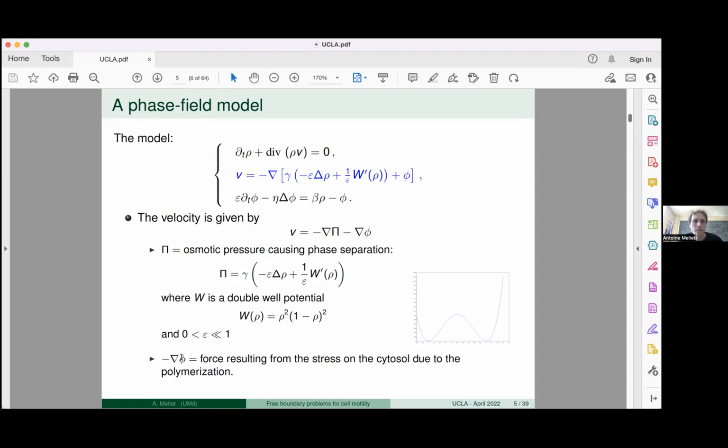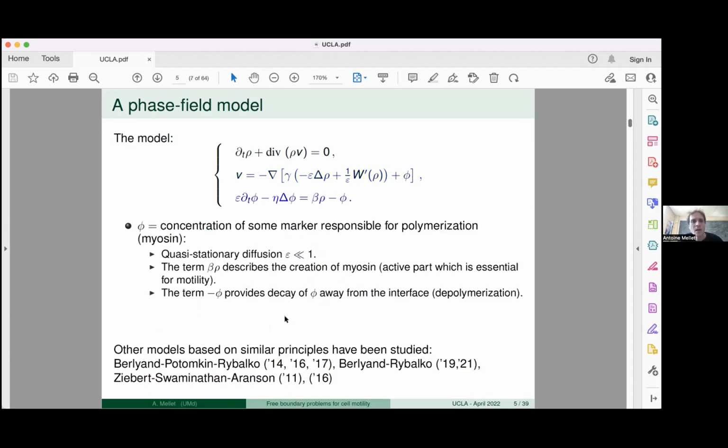Usually this phi is interpreted as a concentration of some chemical that is causing the polymerization. That's the other word you always find in papers that deal with cell motility: myosin. Myosin is the chemical responsible for this polymerization, and it is diffusing, so we have this parabolic equation for phi with various parameters.